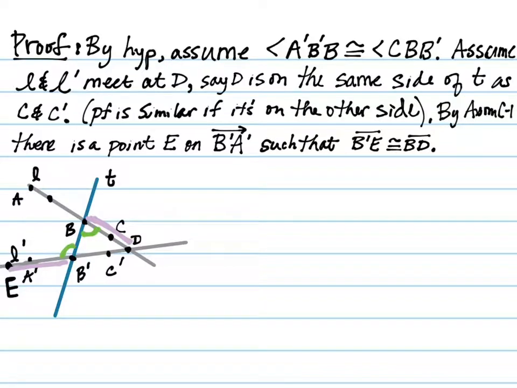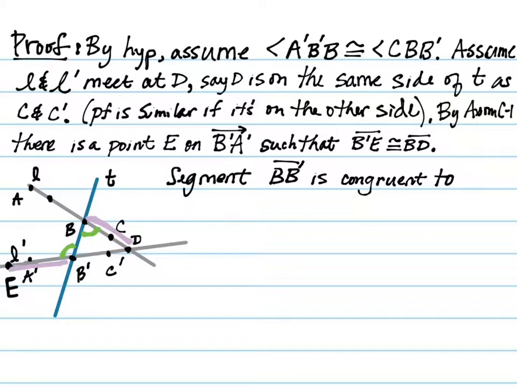Let's keep going. Segment B B prime is congruent to itself. That's the reflexive property.